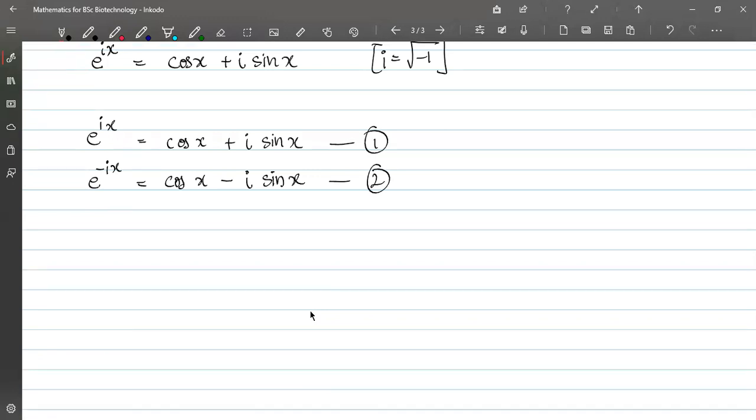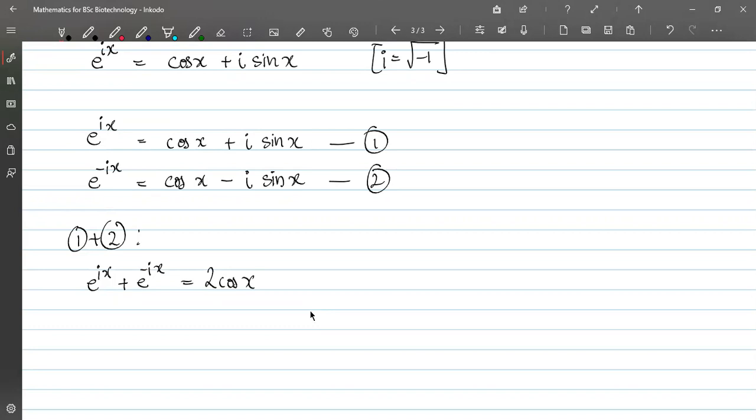Again, what we need now is the value of cos x and sin x separately. So what happens if you add the two equations? On this side you get e to the ix plus e to the minus ix. And on this side, when you add the two right hand sides, what do you get? Cos x plus cos x, so 2 cos x. i sin x plus minus i sin x, that's 0.